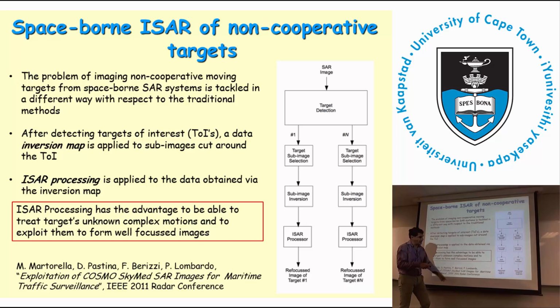The data that you have here is particular data, because now this is not the same as you had before you formed the image. By selecting only that target, you filter out all the other targets, all the rest of the stationary targets that you call clutter or whatever, and you're only focusing on that particular target. It's almost like from space you had a beam that only collected the data from that target.